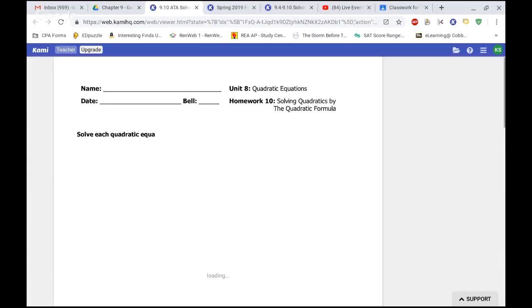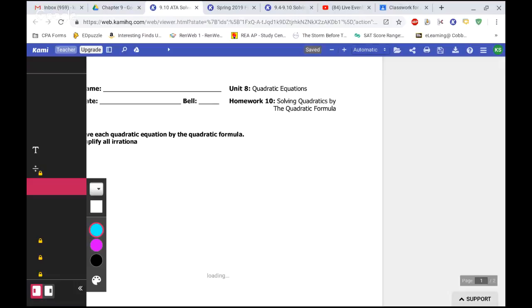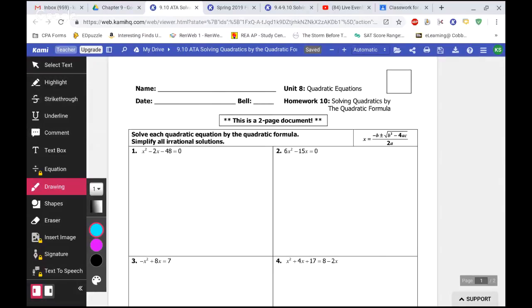So this was all quadratic formula as well. Is that correct? Yes, it was. Okay.